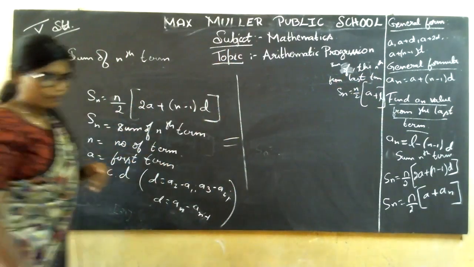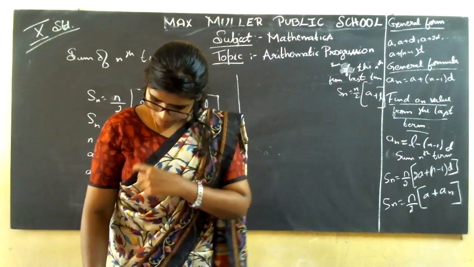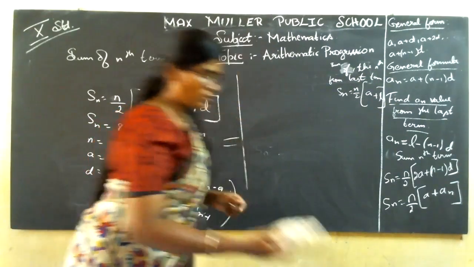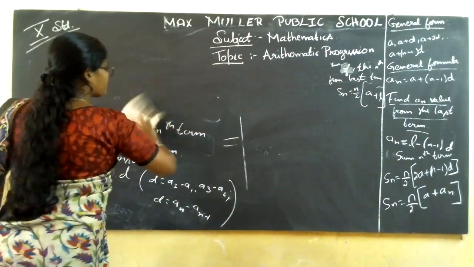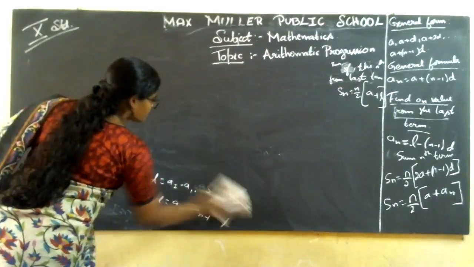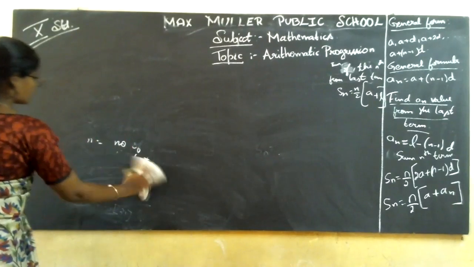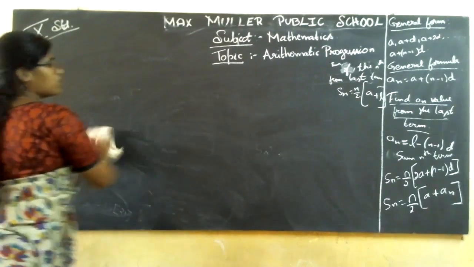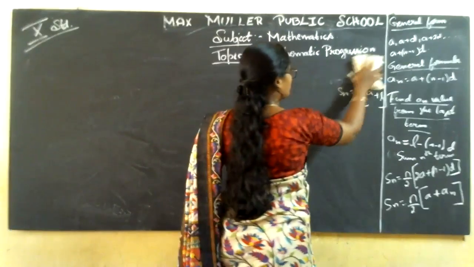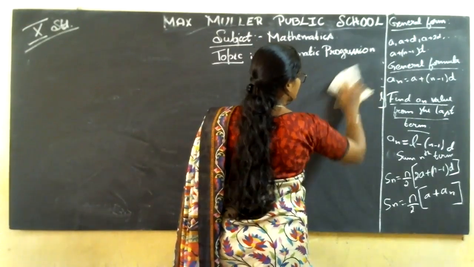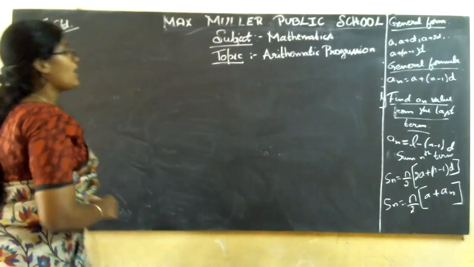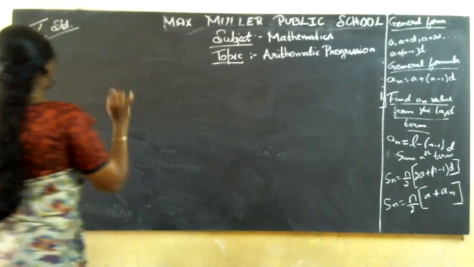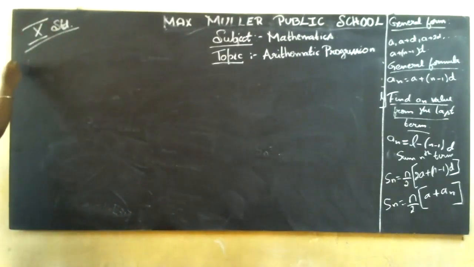Now let me take example number 11. Let me make you remember only one formula for right now: Sn is equal to n by 2, 2a plus n minus 1 into d. So example number 11.